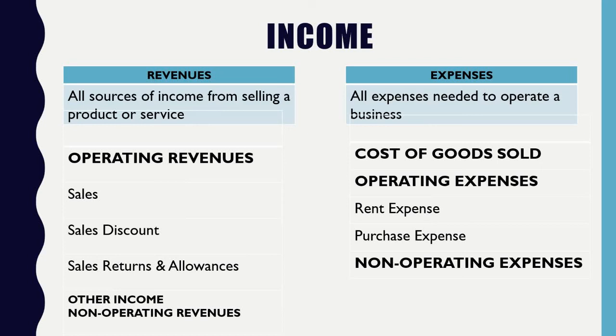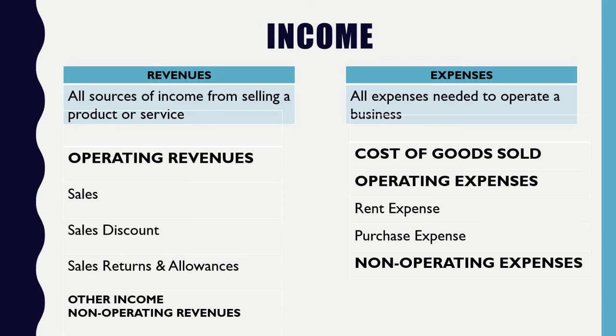All right? So then besides selling your items or whatever inventory that you do sell, whether it's a good or service, the next category is going to be your operating expenses. So anything that it takes to run your business. So rent expense, right? If you need a facility or location, a store, you obviously need to pay rent in order to operate your business.